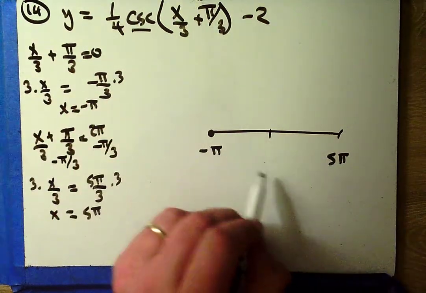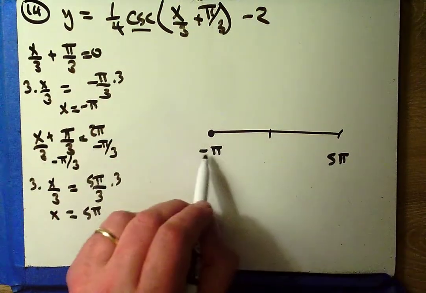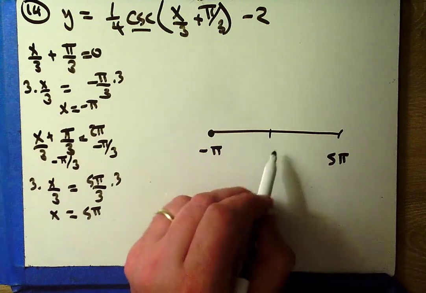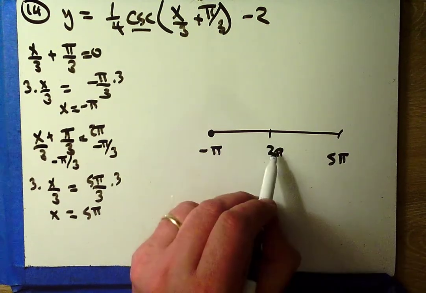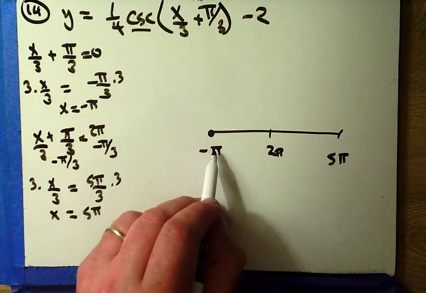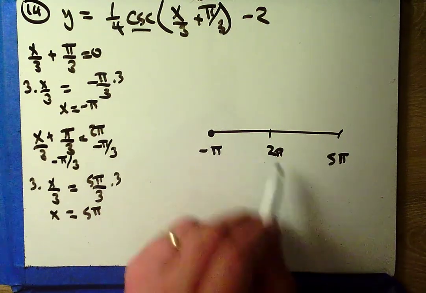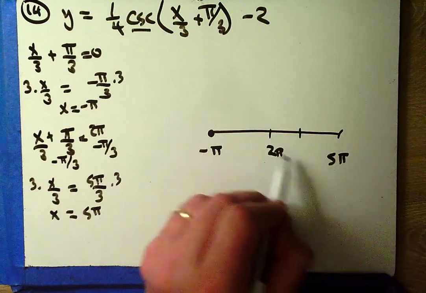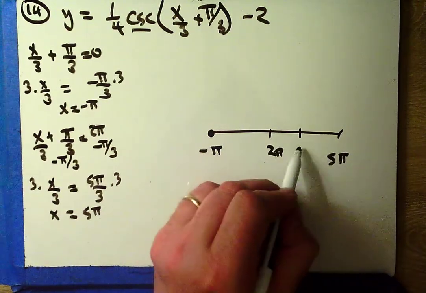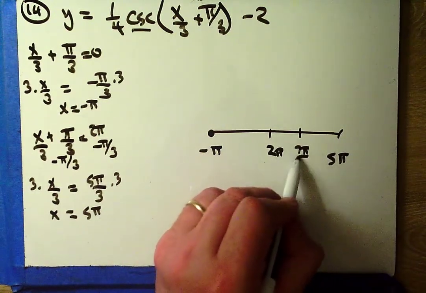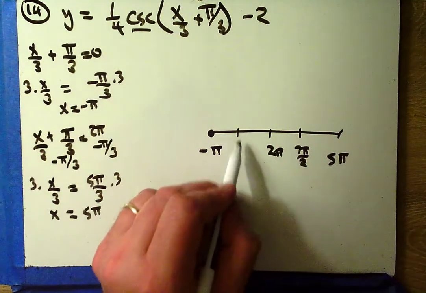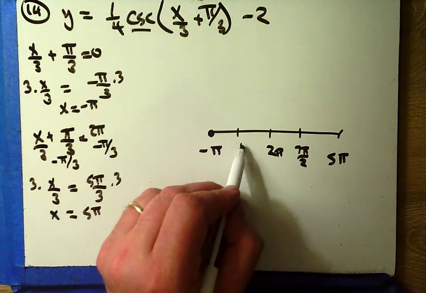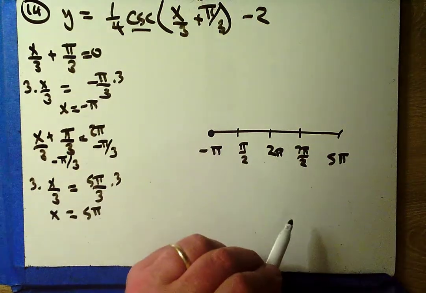I need quarter points. So what's halfway between negative 1 and positive 5? 2 pi. Because if I add these together, I get 4. If I divide by 2, that gives me 2. And halfway between 2 and 5 is 7 pi over 2. Halfway between 2 and negative 1 is pi over 2.